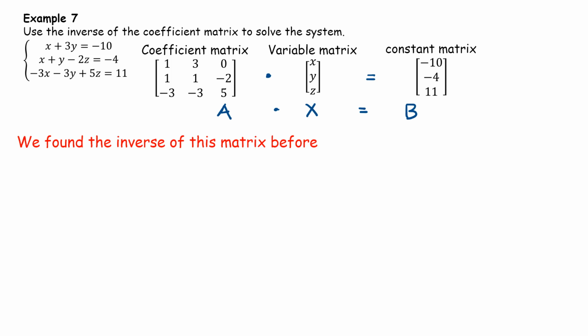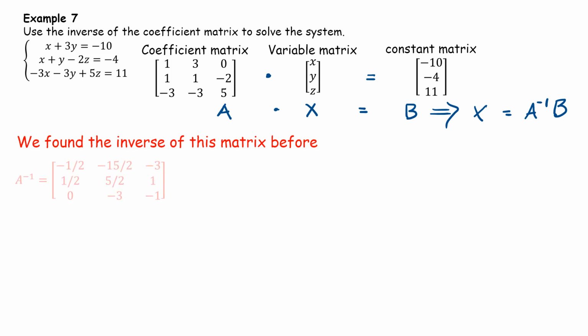So you've got A, which is your coefficient matrix, times the variable matrix equals the constant matrix. And now we're going to multiply both sides of that equation by A inverse. So multiply the constant matrix by the inverse of A, which we already found before, and you will get your variables, your solutions to that system of equations.